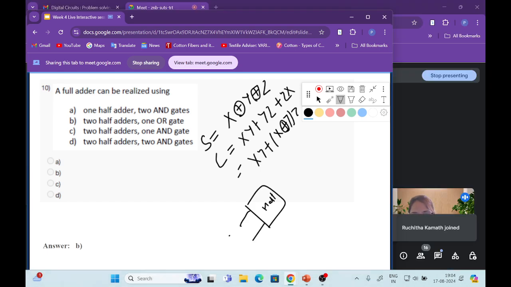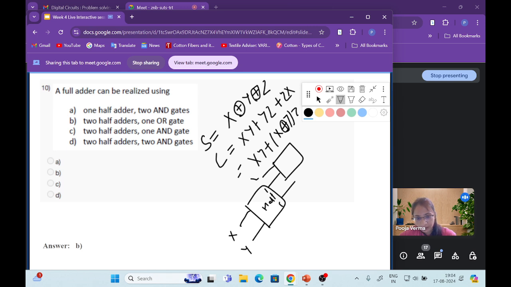here we are giving x and y, and here are the sum and carry, right? And we connect the sum to one input of the other half adder, and here it is z as the other input.